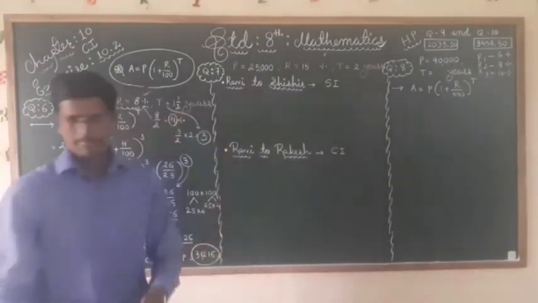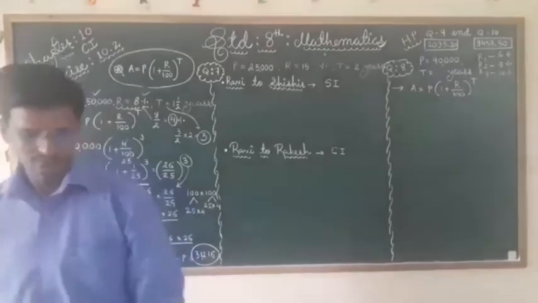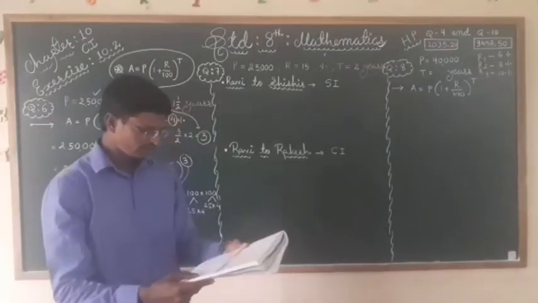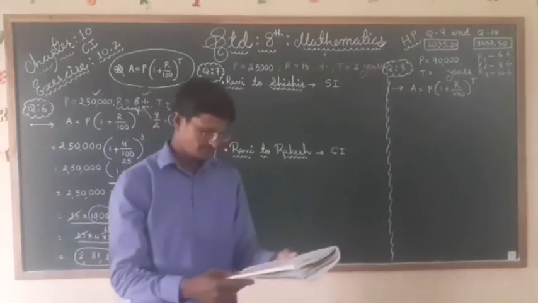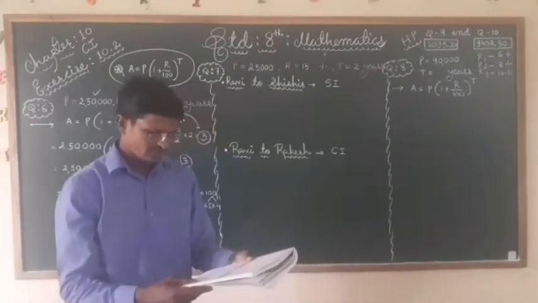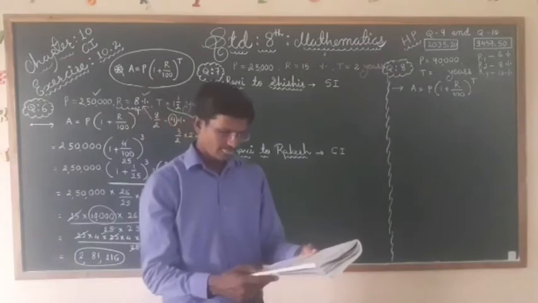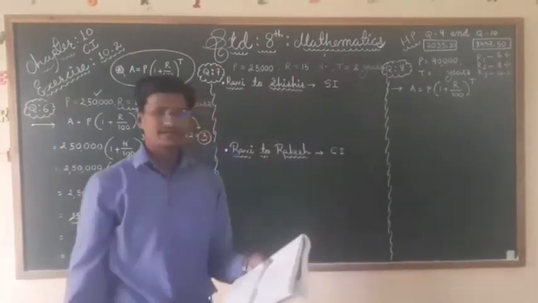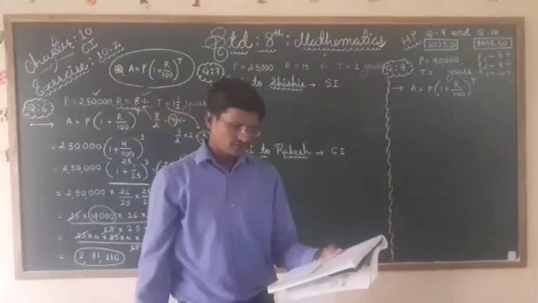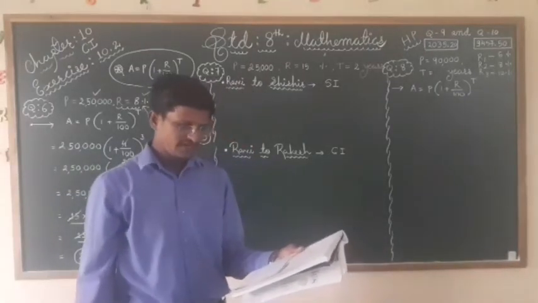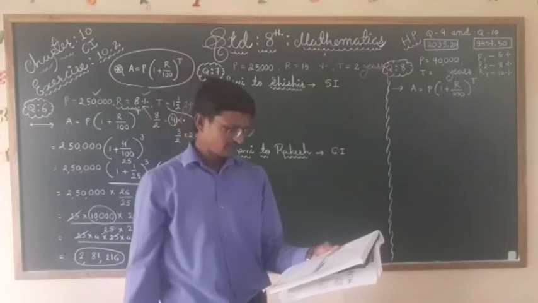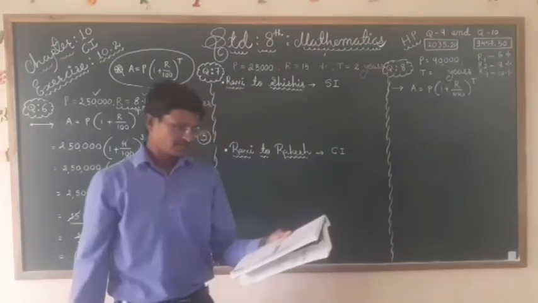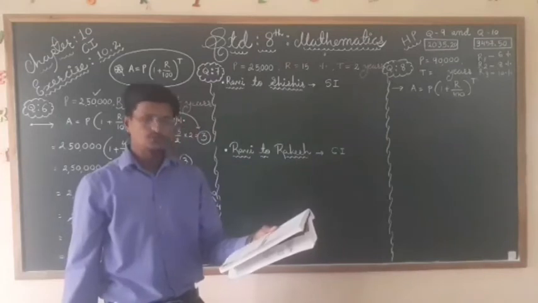Now question number 7. Ravi borrowed rupees 25,000 from Cecil at 15% per annum simple interest. So first, Ravi to Cecil, remember that it is simple interest. On the same day he lent it to Rakesh at the same rate, but it is compound interest, and paid the amount to Cecil after 2 years.